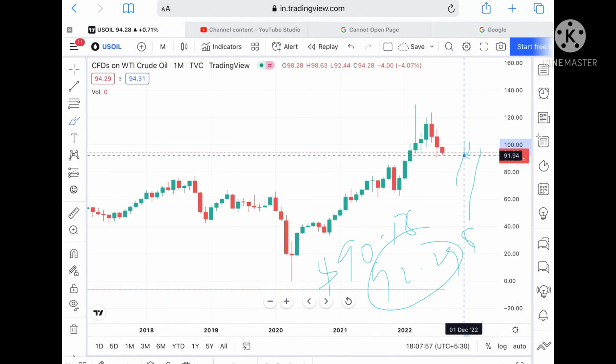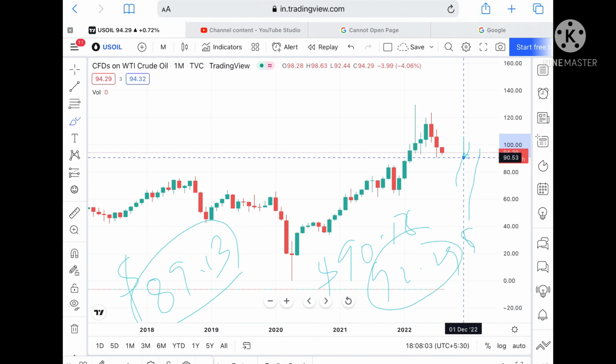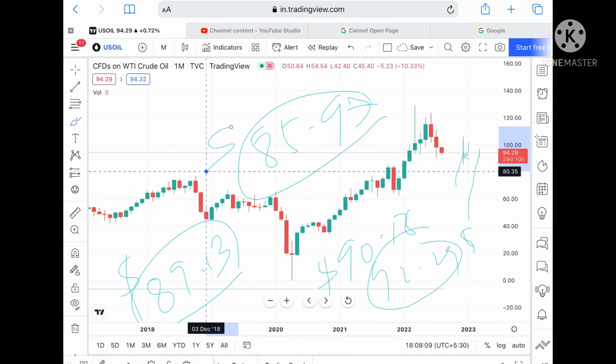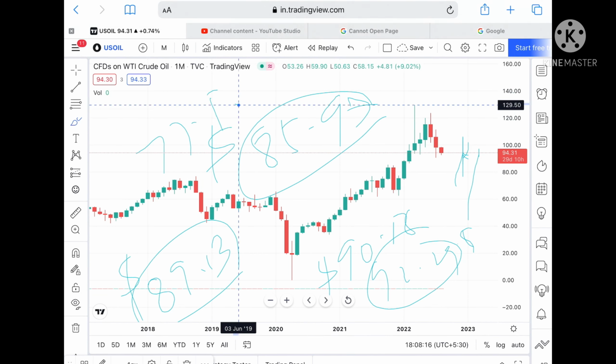Suppose the price goes below that level, then we can see it can touch a level of $89.13. From there we can see it can move further low and touch a level of around $85.97. Suppose the price goes below that level, then we can see it can move further low and touch a level of $77.54.